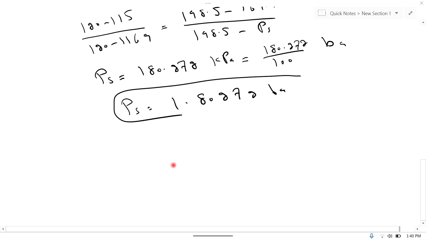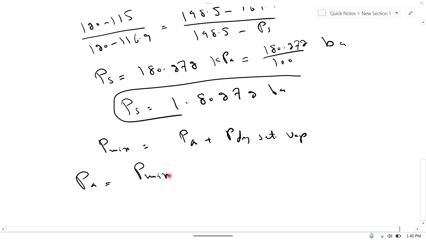Now the total pressure of the mixture is equal to the pressure of air plus the pressure of dry saturated vapor. So the pressure of air is equal to the pressure of the mixture minus the pressure of dry saturated vapor.